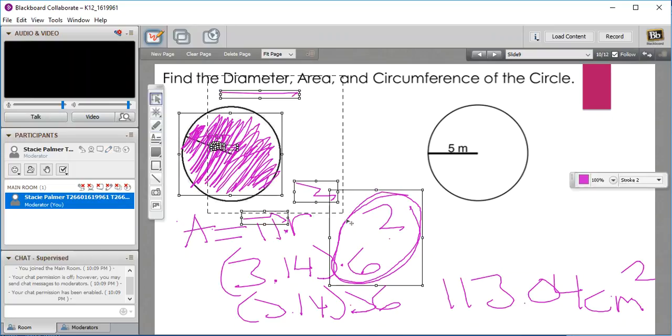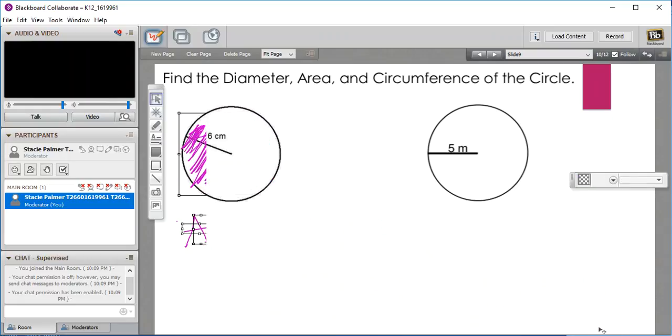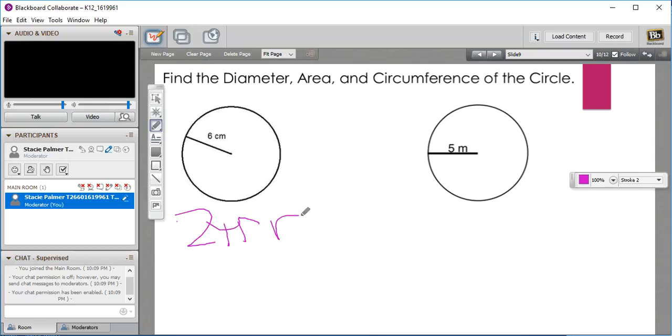Now the last one we want to do is the circumference. And we know that the circumference is equal to 2 times pi times the radius, or we could say pi times the diameter. So since we know our diameter is 12, pi times 12 would give us, let me go ahead and plug this into the calculator really quick.